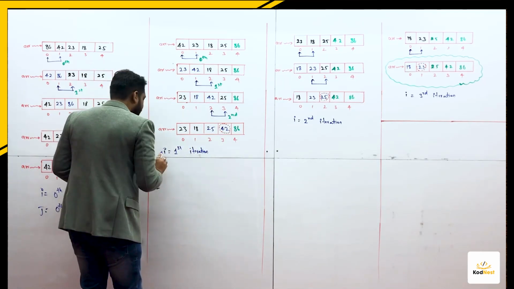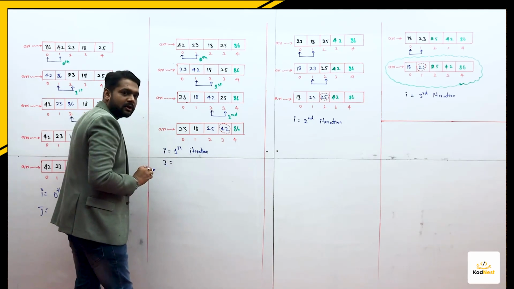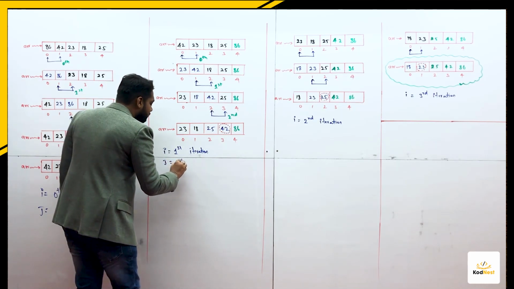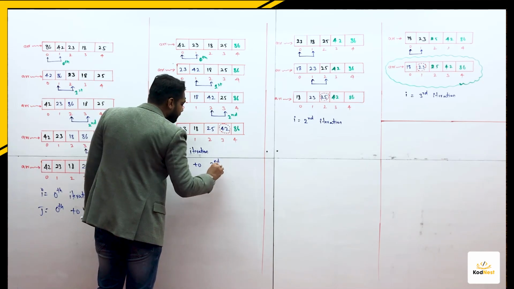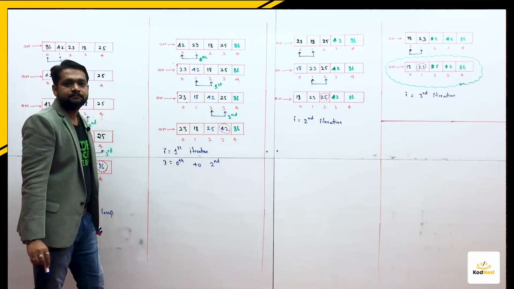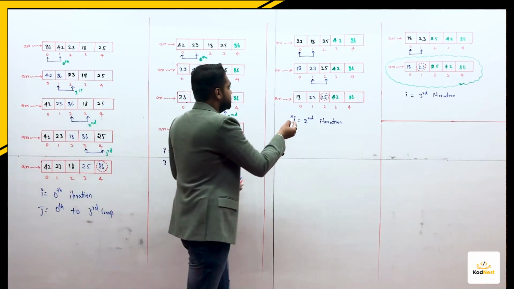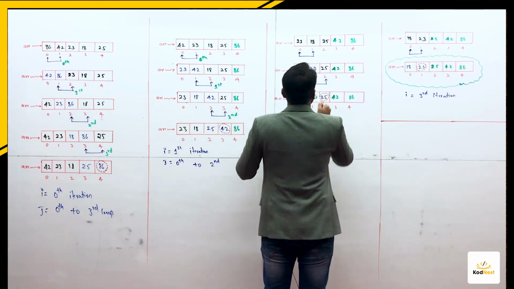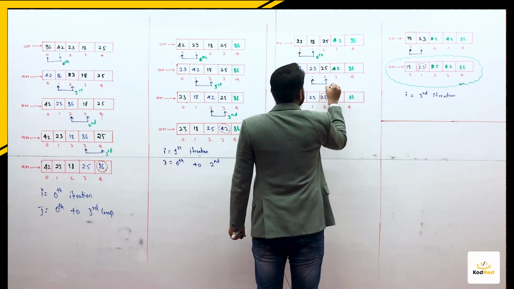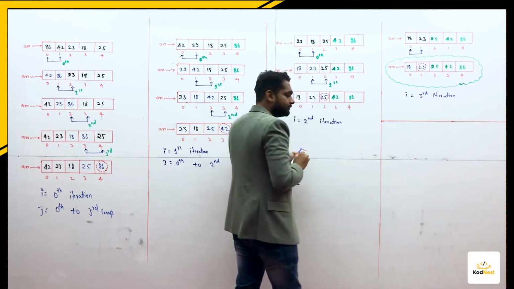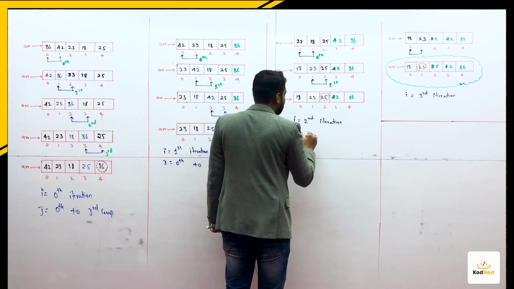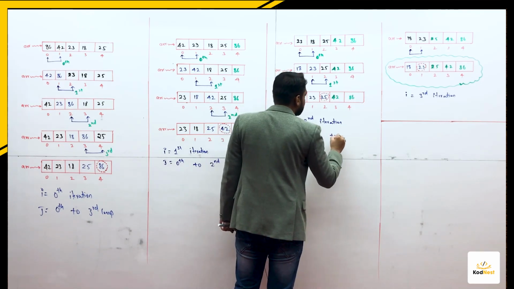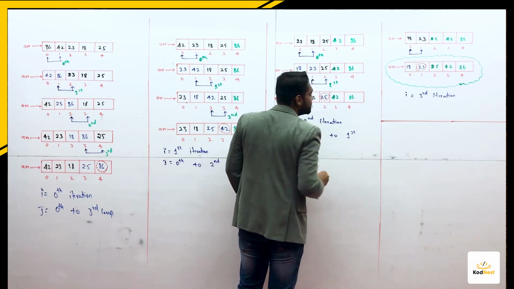Means again, if J is taking care of the number of comparisons, I am doing comparisons from the 0th comparison to the second comparison. Like that, this also, if you see, is the 0th comparison and the first comparison. So here J would start from the 0th comparison and go until the first comparison.